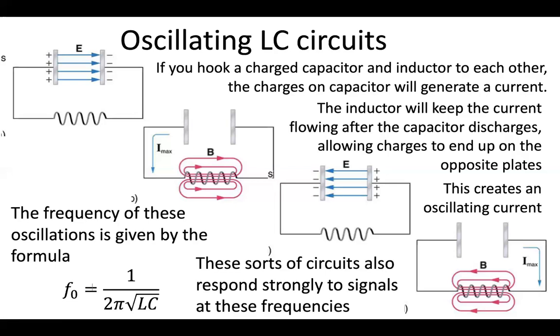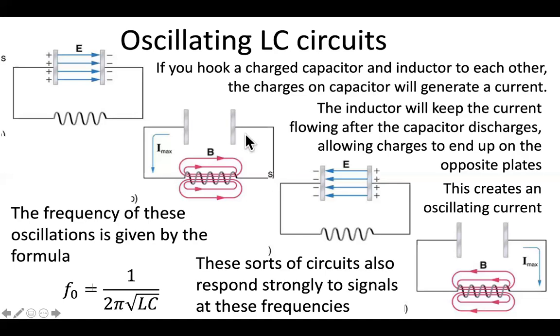And they do so at a very specific frequency, which is given by this formula here. It's just 1 over 2 pi times the square root of the inductor's inductance times the capacitor's capacitance. What this means is this circuit, just from two elements, will produce an alternating current with a well-defined frequency.